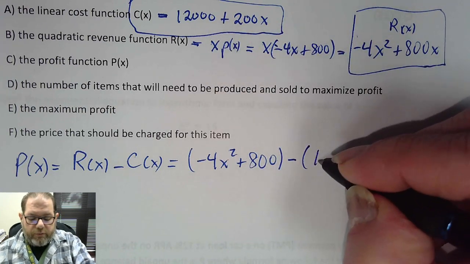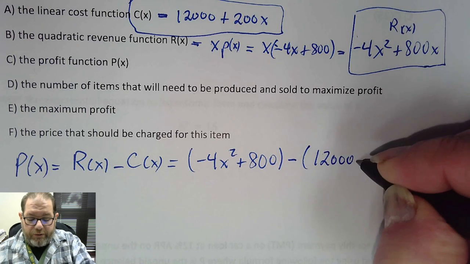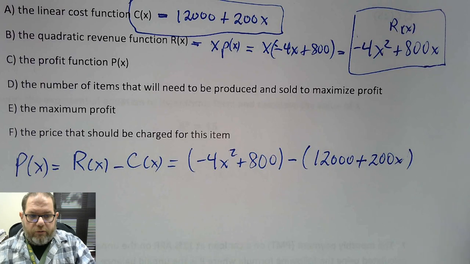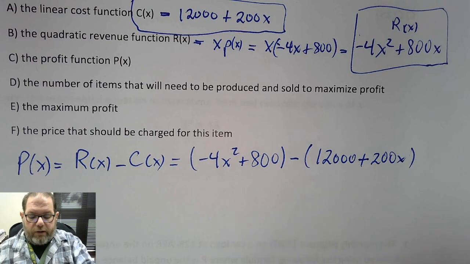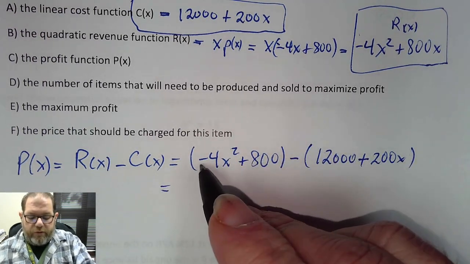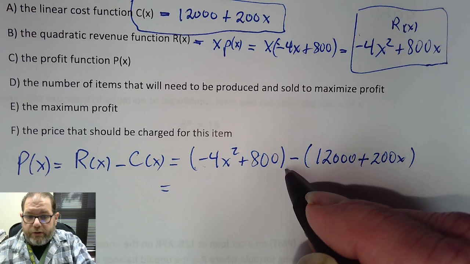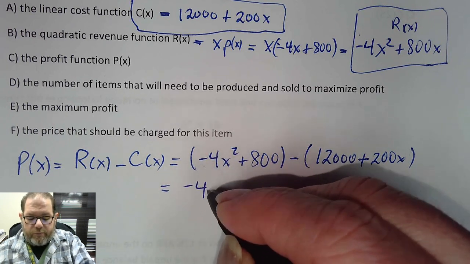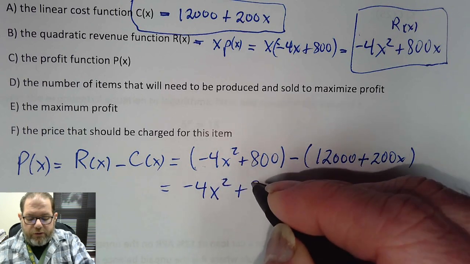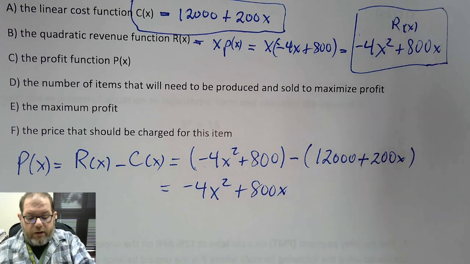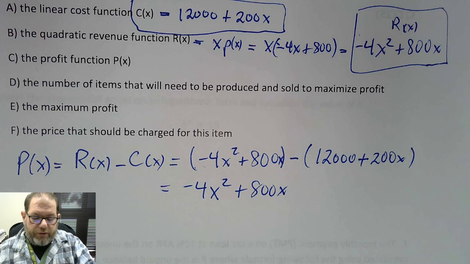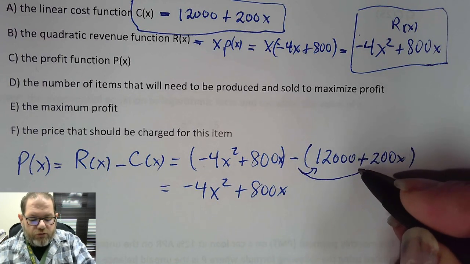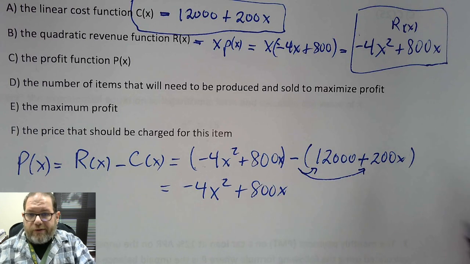Now we want to make sure we subtract that in its entirety. So I'm going to go ahead and put that in parentheses. Now, the parentheses here don't really do anything on this first term because there's nothing modifying it in front. So that's just a minus 4x squared plus 800x, which I had left off the x there, sorry. But now this minus sign has to distribute to both of the numbers in the second parentheses.